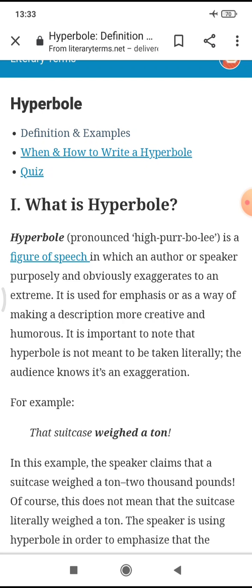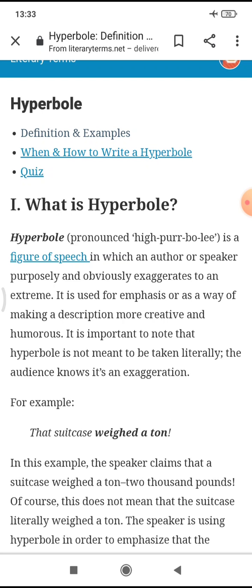As the term tells, there is something hyper and bole. It is a figure of speech in which an author or speaker purposely, with purpose, and clearly exaggerates to an extreme, to the fullest.